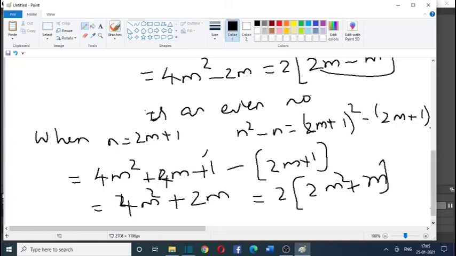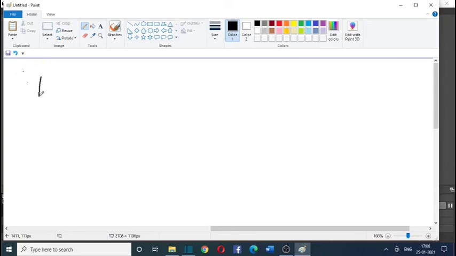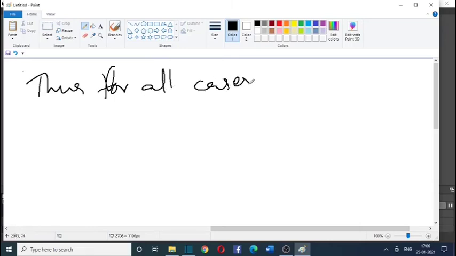So 2 into something is an even number. Thus for all cases n square minus n is an even number.